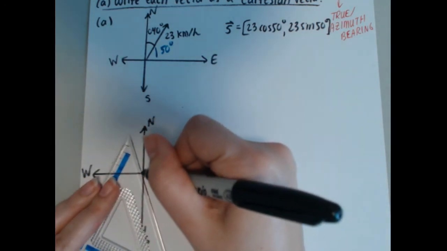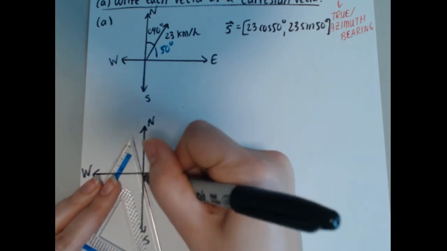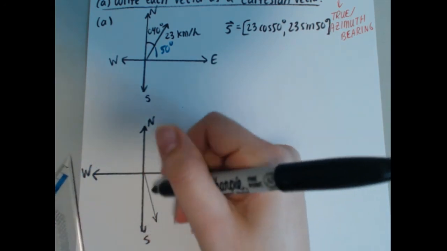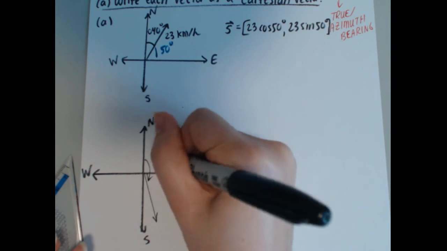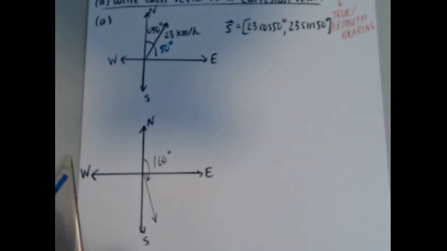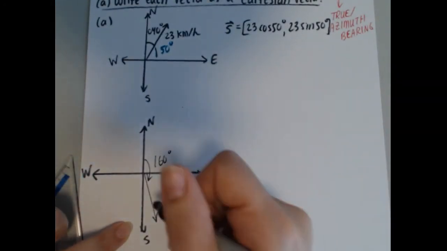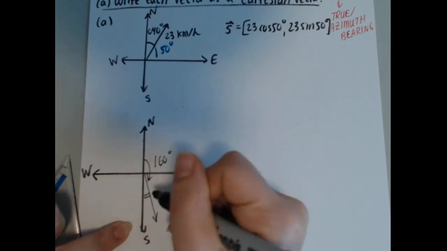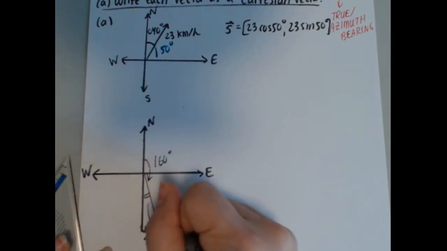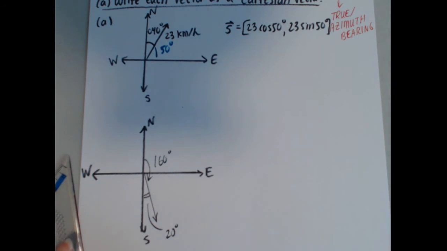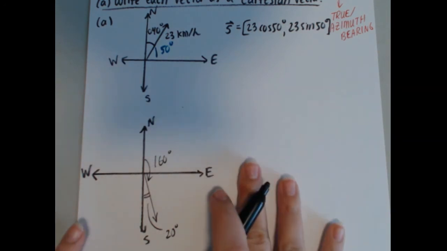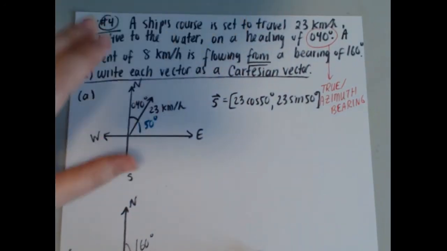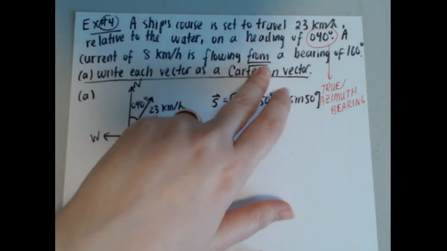Okay, so I'm going to draw this. So I've got 160 degrees. Now if that's 160 and I know that a straight line is 180, that makes this angle in here 20 degrees. Now what you got to be careful of is that the question says the current is from this direction.